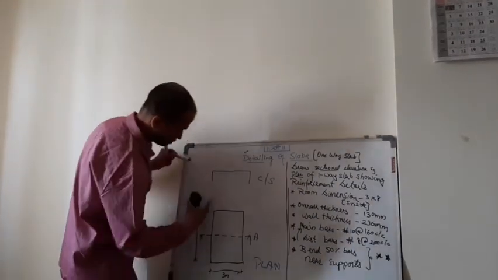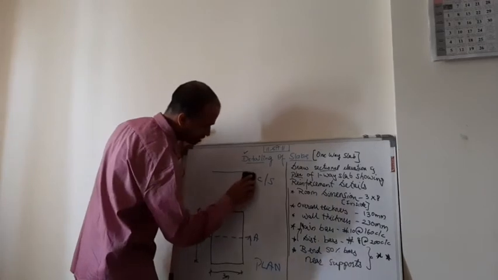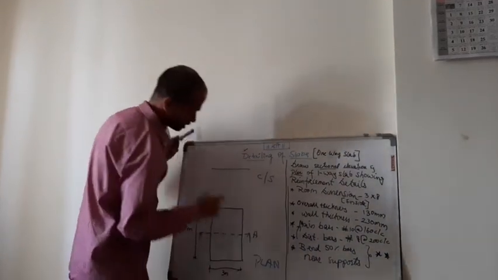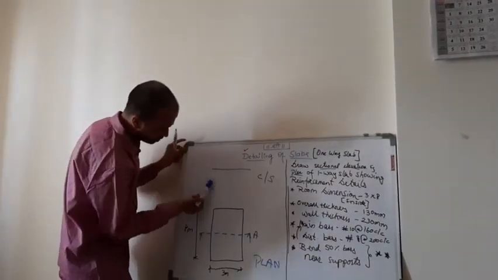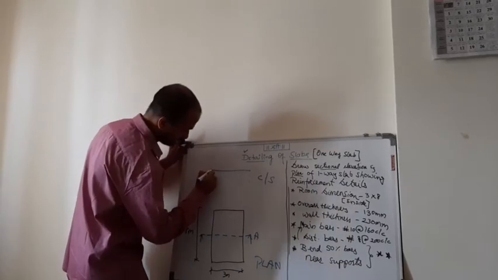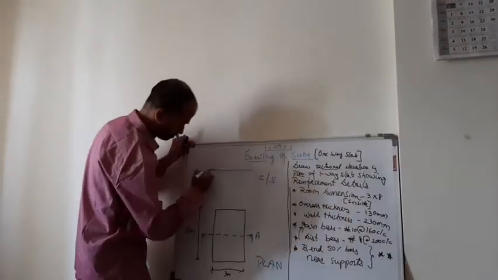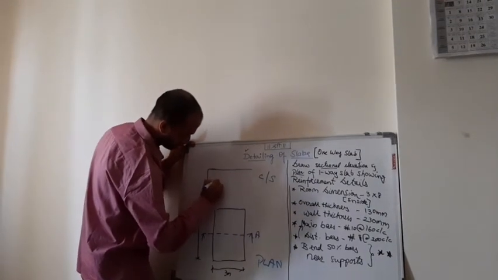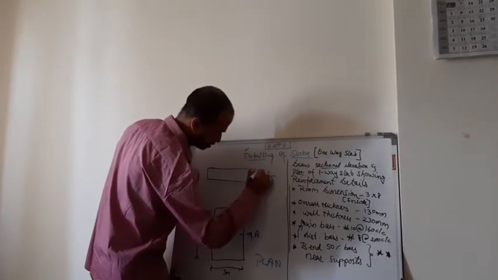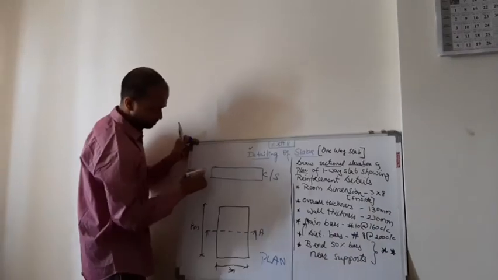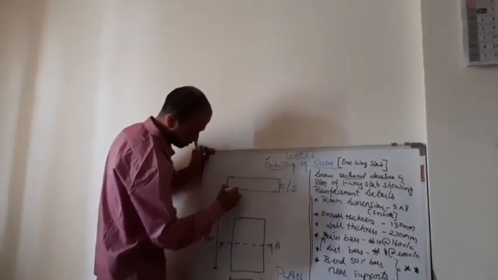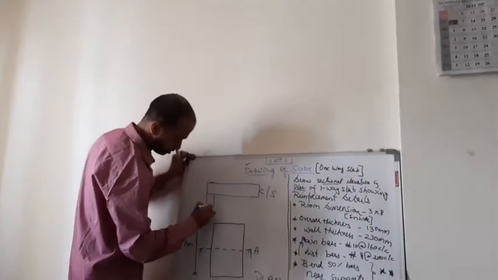Okay. So this is in-in dimension, means I have to take the projection outside. So I project this, and outside is how much? This is wall thickness 230 mm. So it will be like this. Okay, so this is my wall or the support.